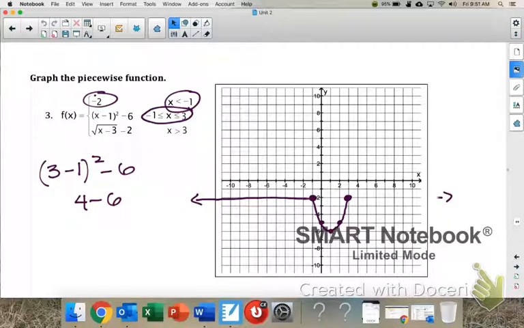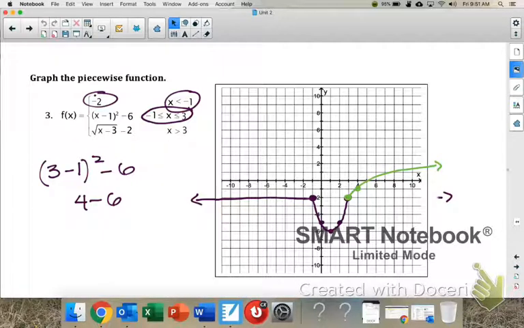The third section is a square root function, translated right 3 and down 2. So right 3 down 2 starts my square root function just where that other one stopped. Technically it's an open dot, but since there's already a closed dot, that takes care of it. And it says to keep the section that is greater than 3, which is the entire thing since square root functions go out to the right.